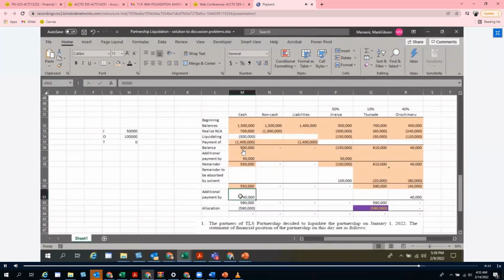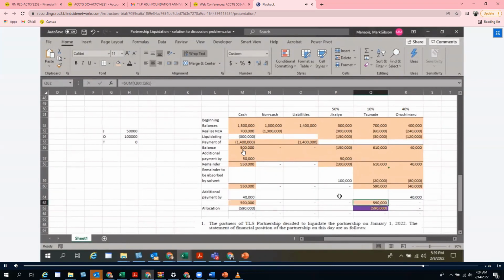So that's 40,000 pesos. O class, hindi niya ibibigay yung buo. Ang kailangan niya lang i-contribute is up to the extent nung debit balance niya sa partnership. Baka kasi mamaya malito ka, sabi mo, oh, kaya pala magbayad ng 100,000, kinontribute yung 100,000. So that's a big no. Okay, so that's 40,000 debit to cash and credit to Orochimaru's capital. After doing that, we'll have the remaining balances of 590,000 pesos cash, and then Tsunade's capital of 590,000.